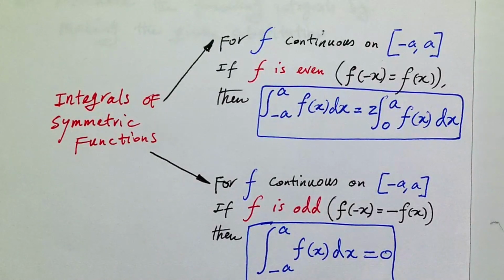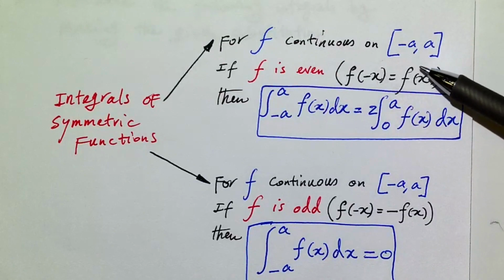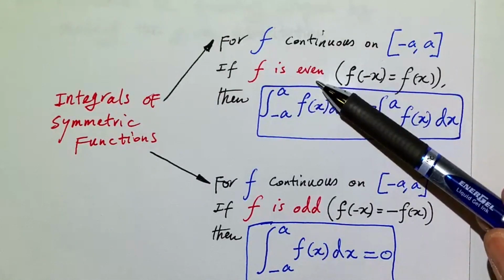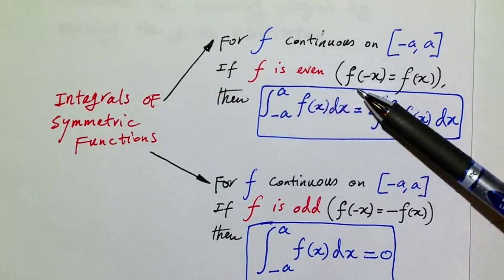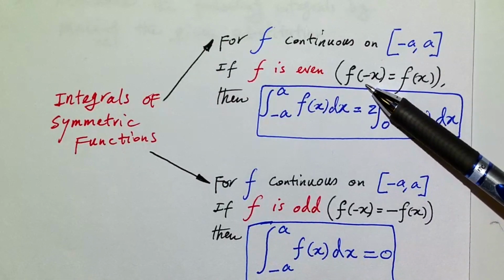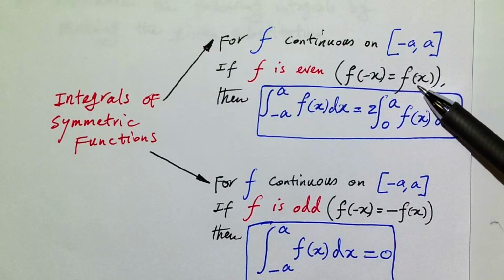If you have a continuous function f over some closed interval negative a to a, and if that function is even, remember from Math 126, Math 124, and even Math 127, that an even function is a function such that if you replace x with minus x, you get an expression that is equivalent to f of x.